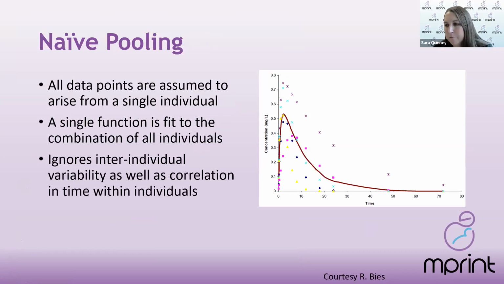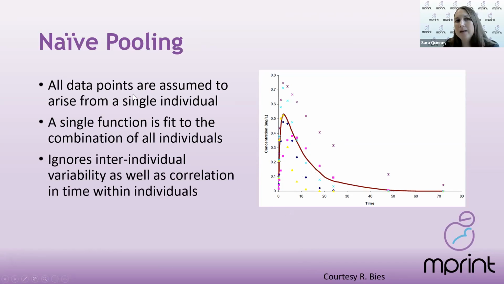So no matter what type of model you're using, whether it's a non-compartmental or compartmental model, there are various ways you can fit the data to it. One method is to use naive pooling. In this way, you have data points from a variety of individuals. You can see here on the right, each individual is represented by a different symbol and color.